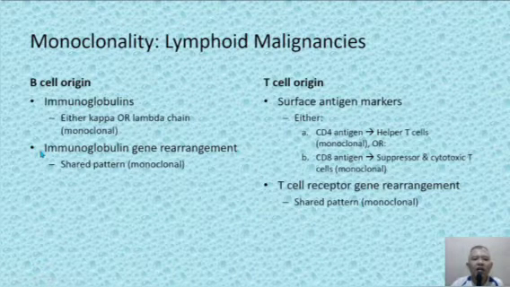And also the same gene rearrangement for T cell tumors. If it presents with the same antigen, for example CD4 antigen, that is monoclonal. If it's a CD8 antigen, which is attached to suppressor and cytotoxic T cells, that is monoclonal. And also the same T cell receptor gene rearrangement, the same pattern.